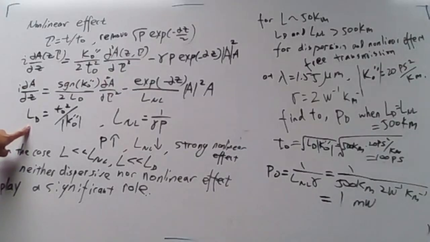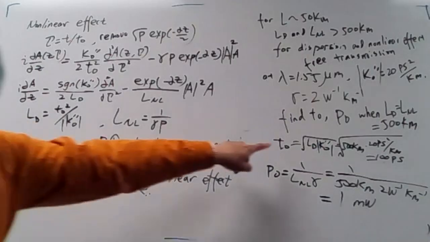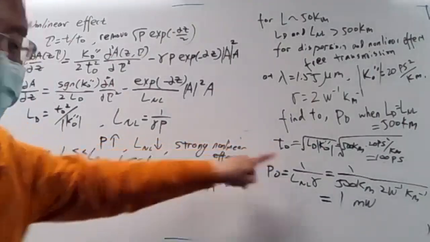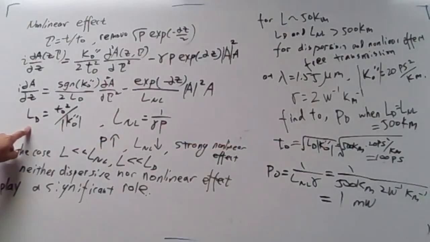Why? It's because if you have a very wide time domain pulse, the spectral domain is going to be small. So it suffers less in the dispersion effect. That's why LD is larger, right? So this T naught directly controls the LD.